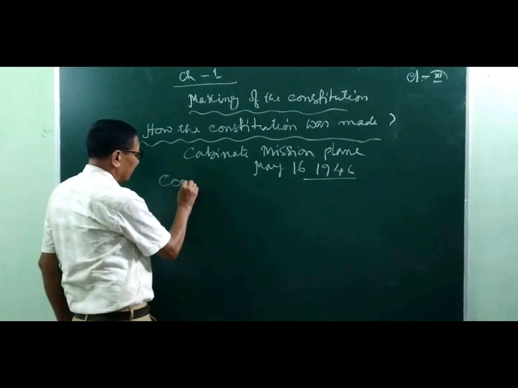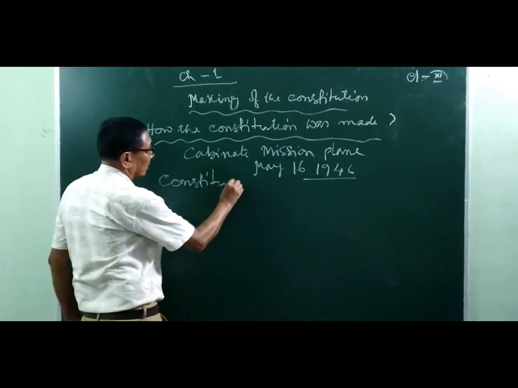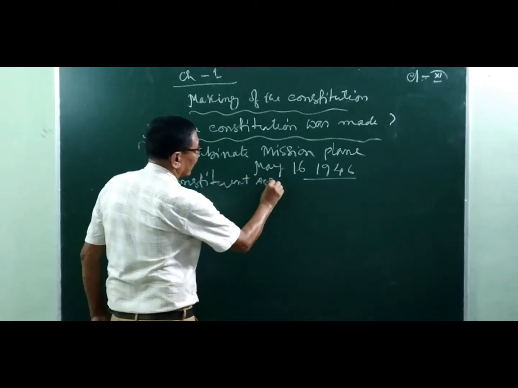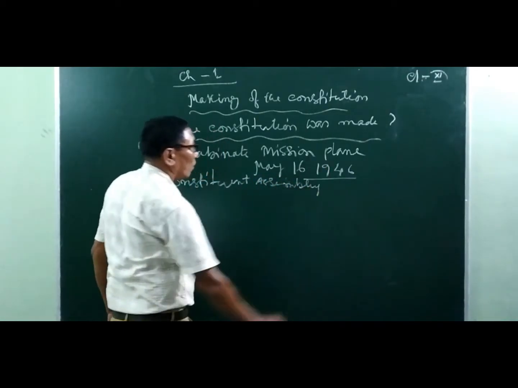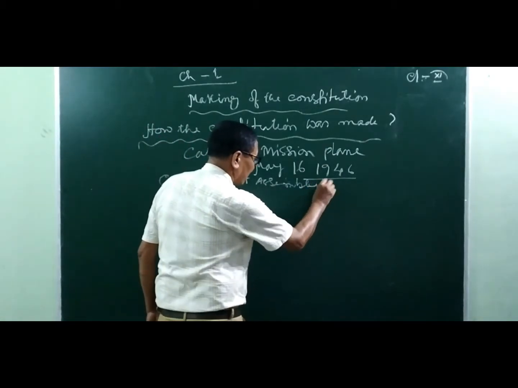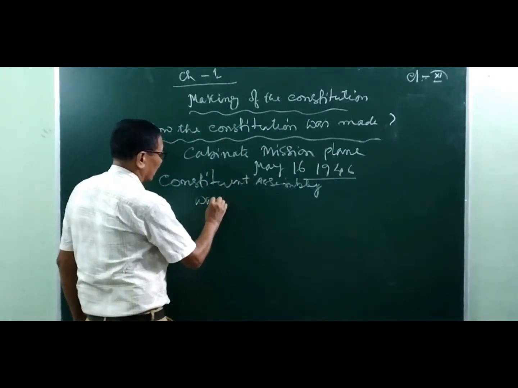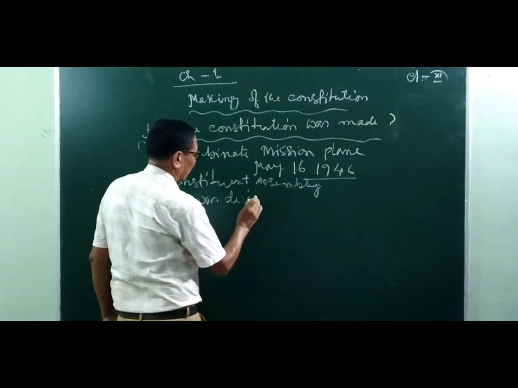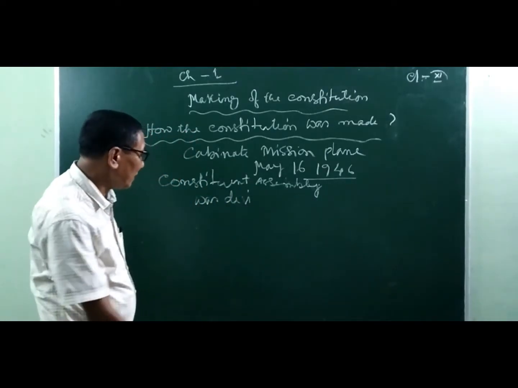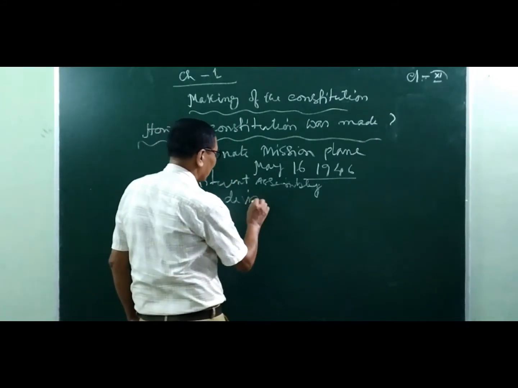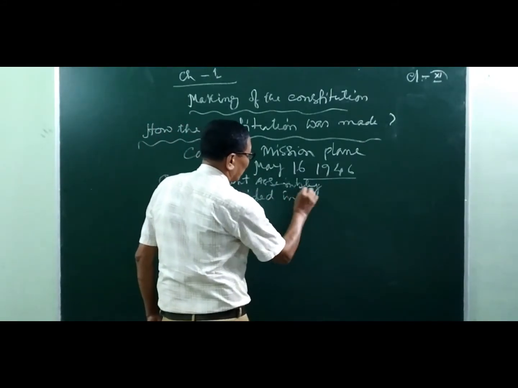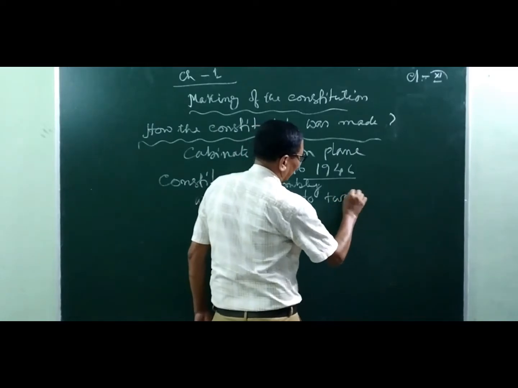The Constituent Assembly was divided into 2 territories.